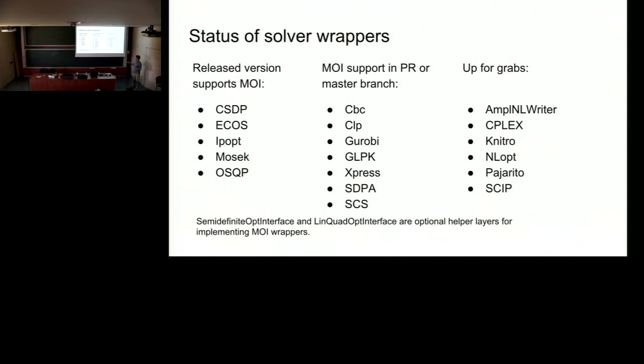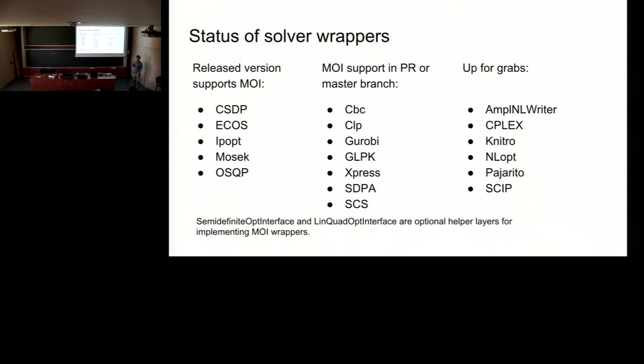These helper APIs wrap a common subset of those APIs and implement MOI, so they were implemented to accelerate the MOI wrapping process. If you're writing a new wrapper for a new solver, it's entirely optional whether you go through these helpers or implement the interface directly.